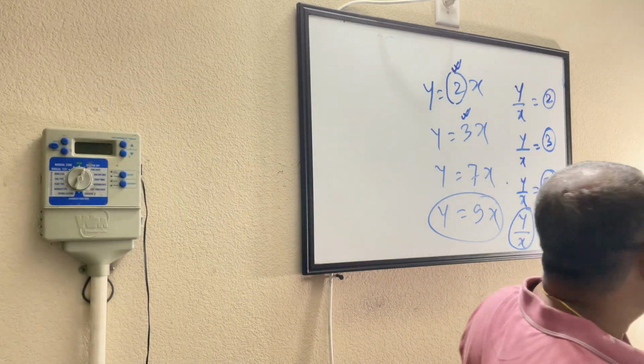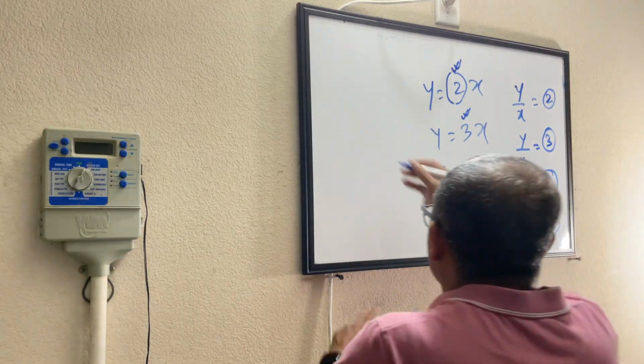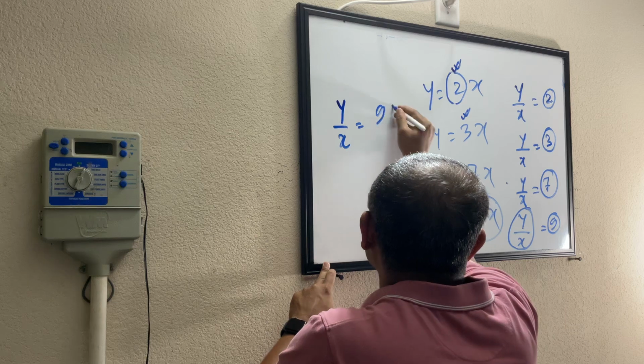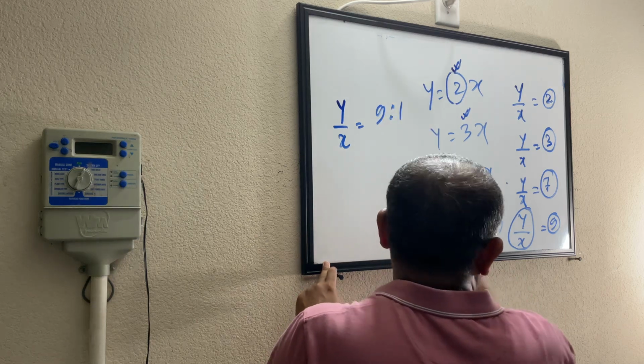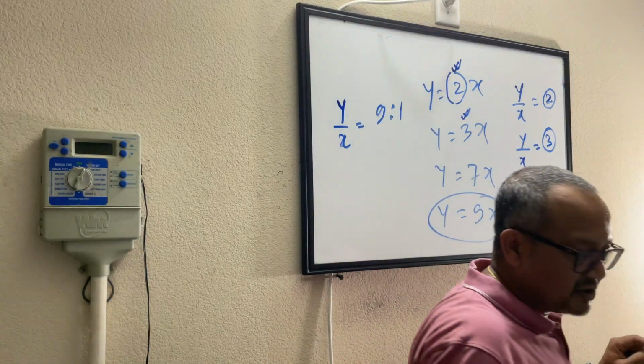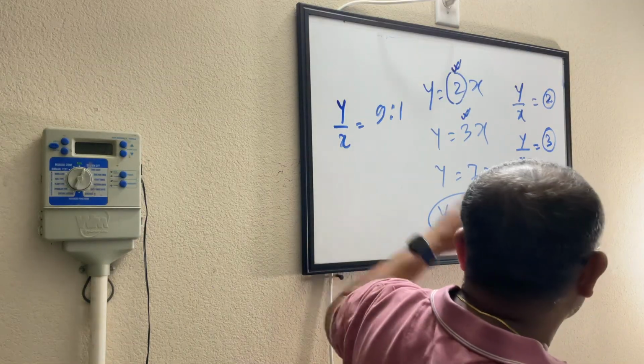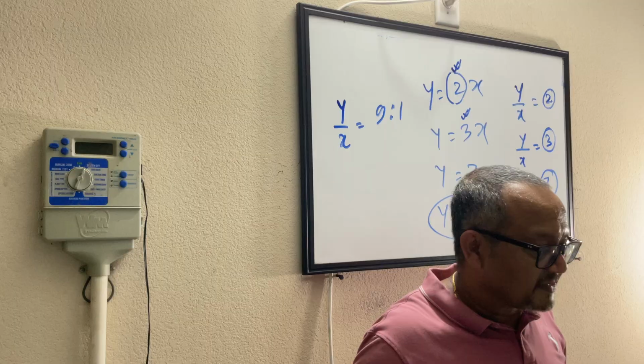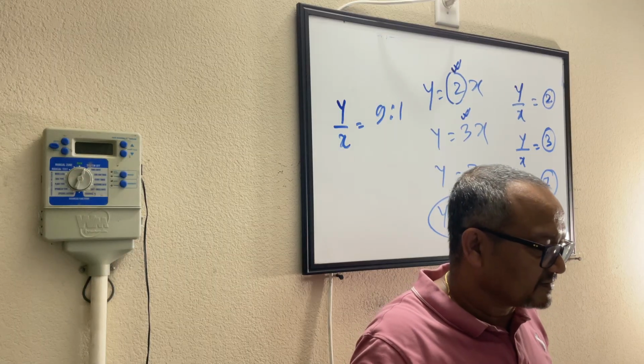That is ratio. What you are saying is the x to y ratio, you are saying it is 9:1 or 1:9, whatever it is. I'm not talking about ratio right now. I'm talking about what is the significance of this one. Not sure.